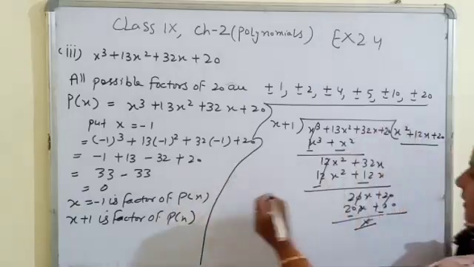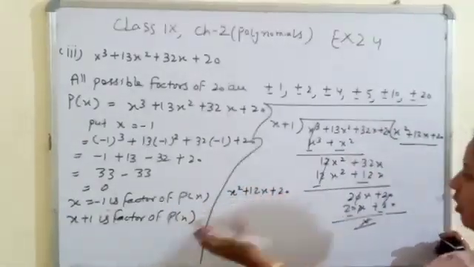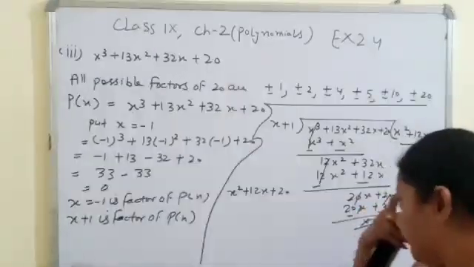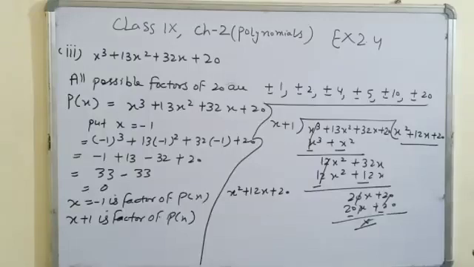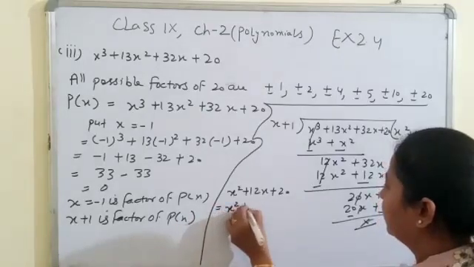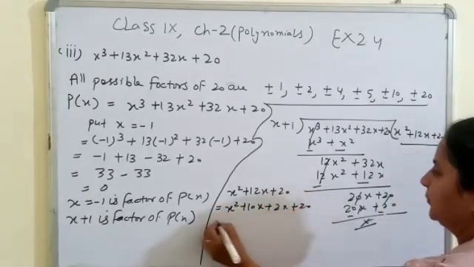Now make the factors for x square plus 12x plus 20. All are positive, so we have no problem making their factors. Let's figure out the numbers: 20 and 12. We can take 10 and 2. 10x plus 2x plus 20.